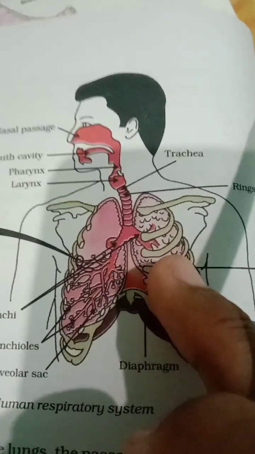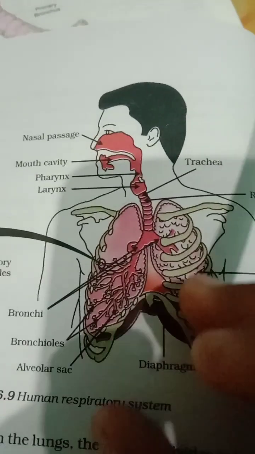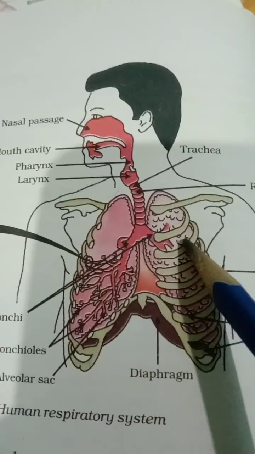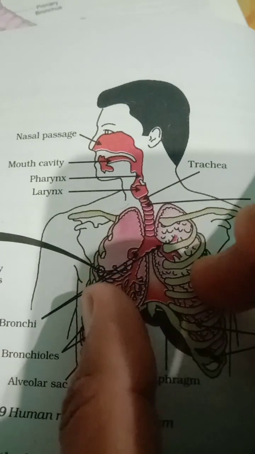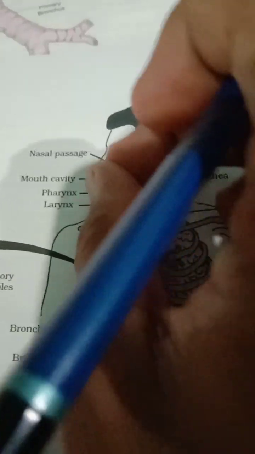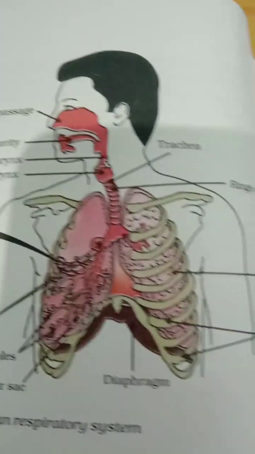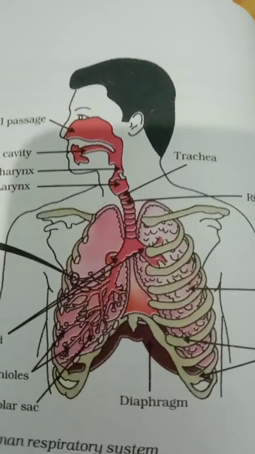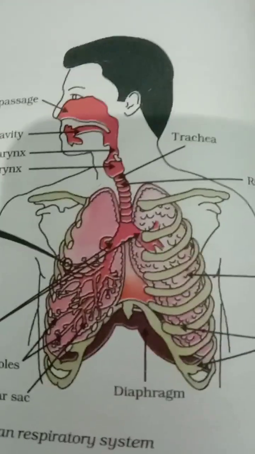The reverse of this happens during exhalation. When exhaling, the diaphragm will come up, the muscles will relax, and the ribs will come down. So the gas will come out. This is how inhalation and exhalation take place by the movement of your diaphragm and ribs.